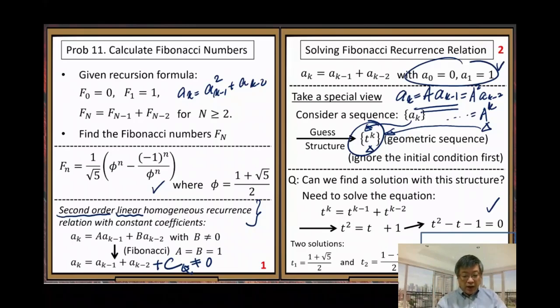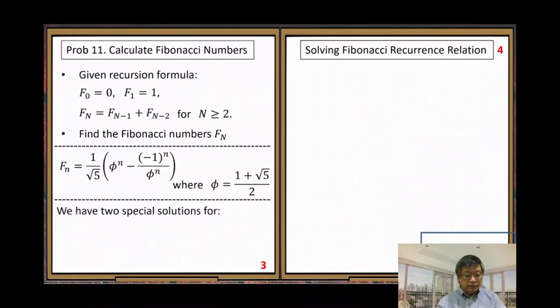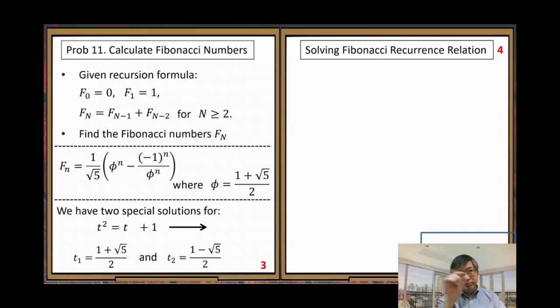All right, so after that, next, we want to put it back to our recurrence relation. T1, T2, they should satisfy our original recurrence relation. So here, let us put it back.